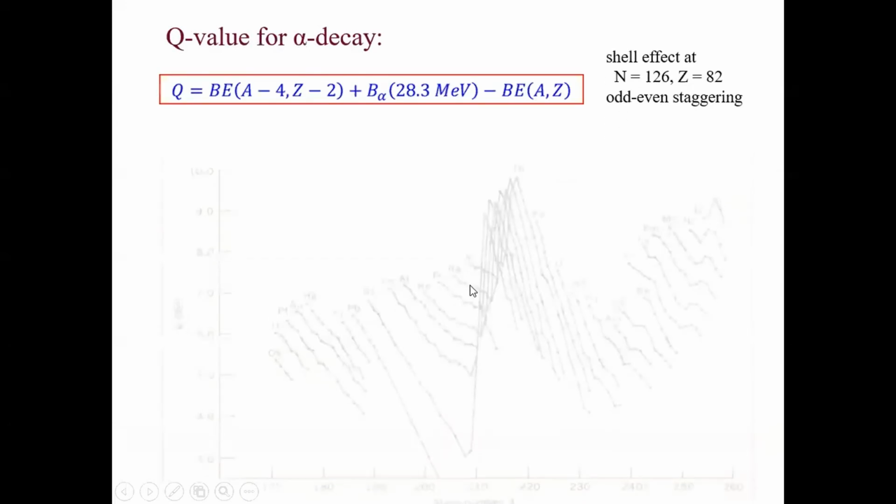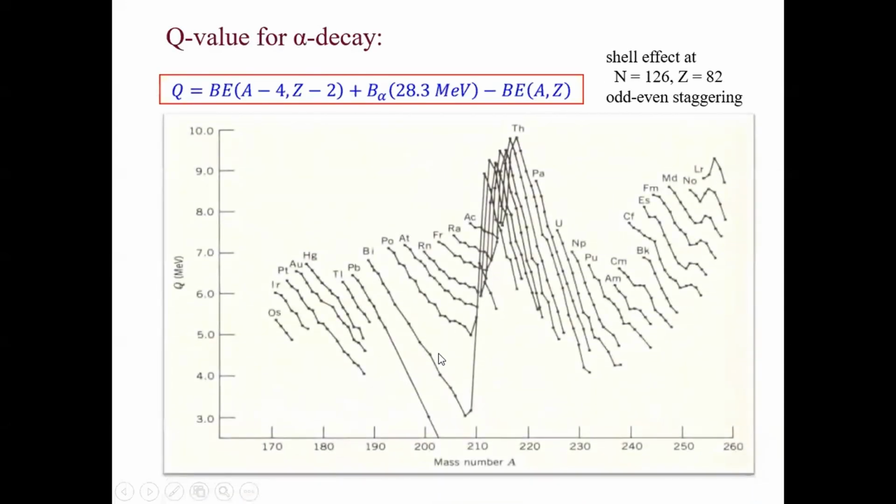Again, see here that the Q value, as the mass number is increased, is shown here, and we see that the shell effects are occurring in the neighborhood of this 210 to 220 region.